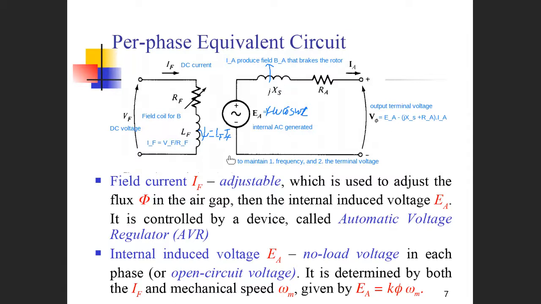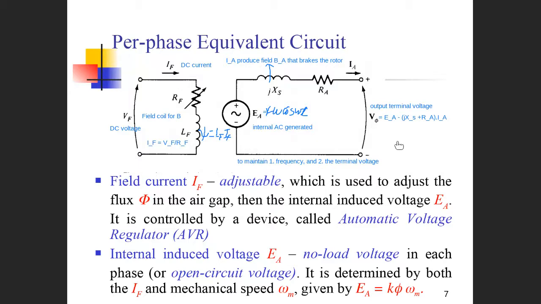That's why we have the field current adjustable, which is used to adjust the flux phi in the air gap, then the internal induced voltage EA. It is controlled by a device we call the automatic voltage regulator. So we try to control the terminal voltage by controlling the field current IF, according to the armature output current IA.